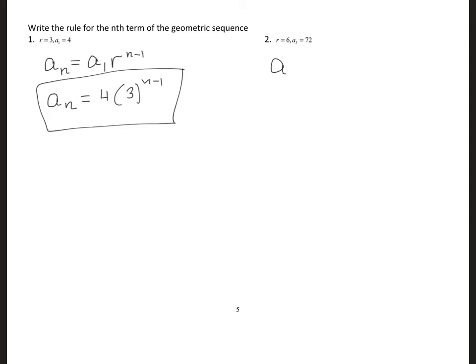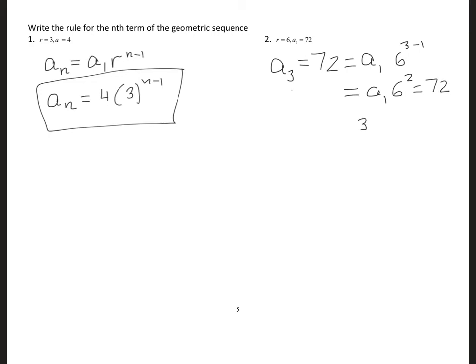The next one, I need to find the first term. So I'll start by using the third term, which is 72. So this is going to be given by a1. The ratio is 6. And since this is the third term, that means this is going to be 3 minus 1, which is equals to the first term, and this is 6 squared is equals to 72.